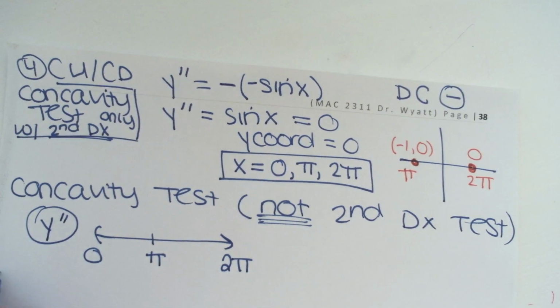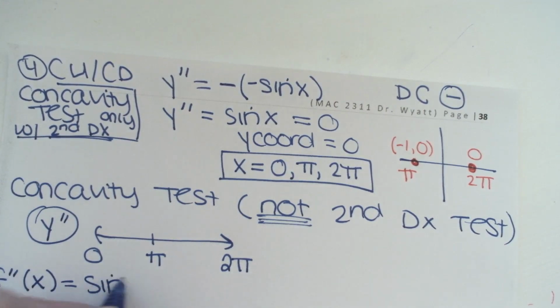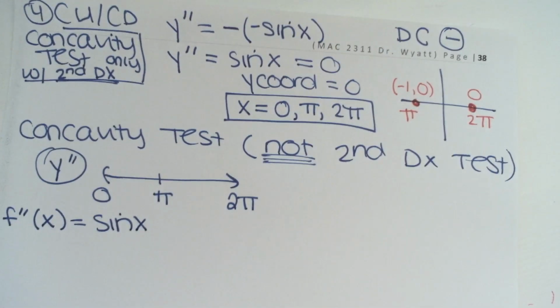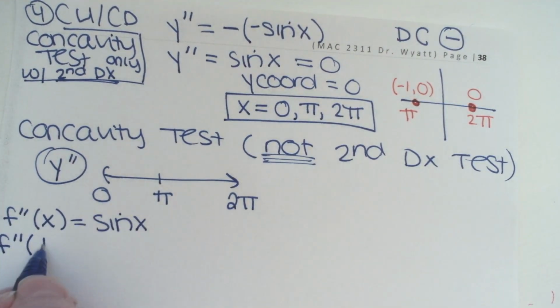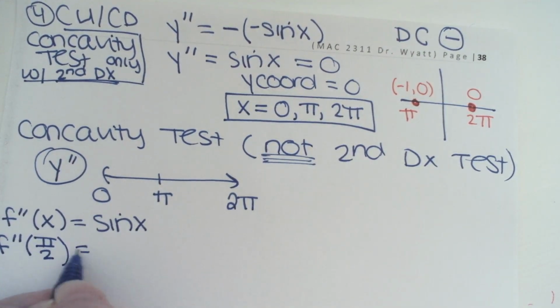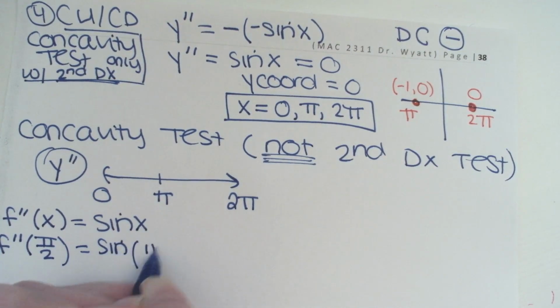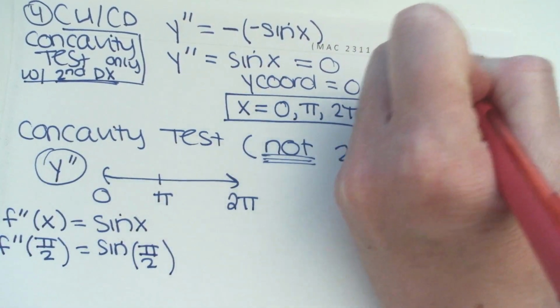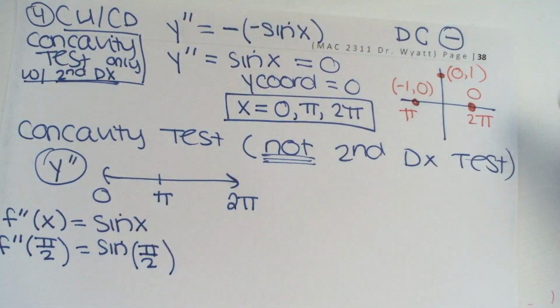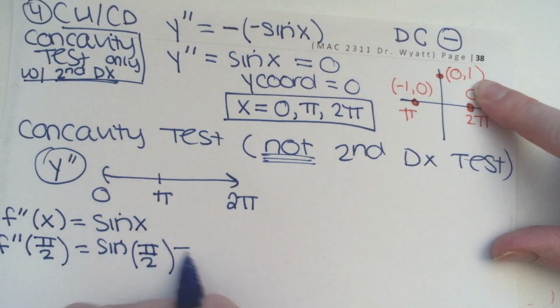So my second derivative is sine x. So maybe from 0 to pi, I plug in pi over 2. So up here at pi over 2, I would be looking at a y coordinate of 1.